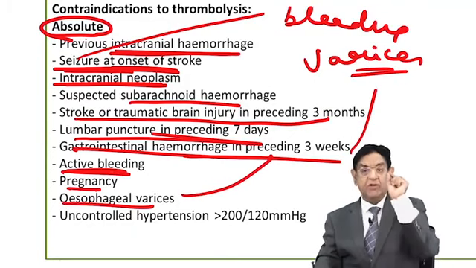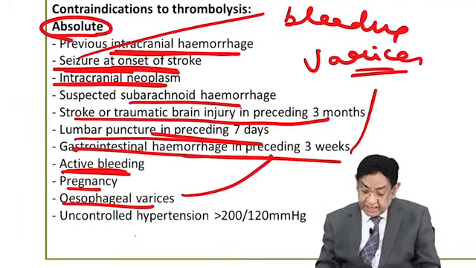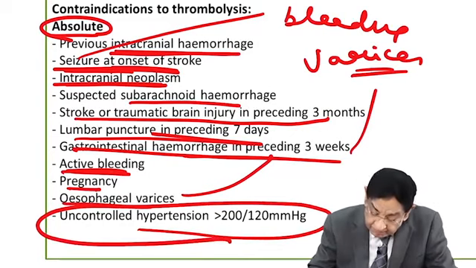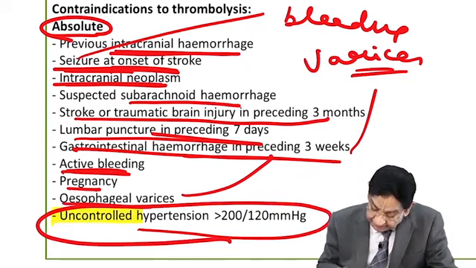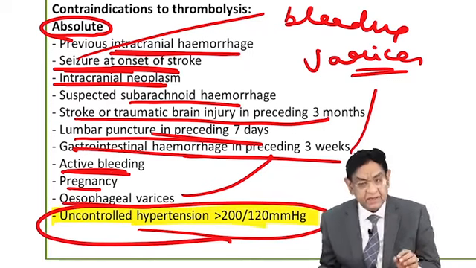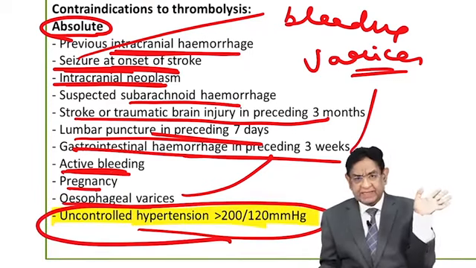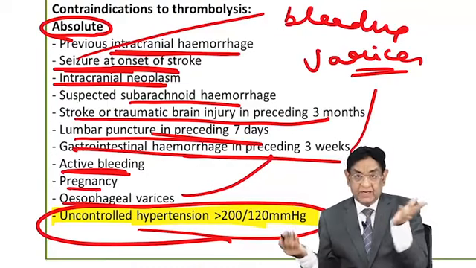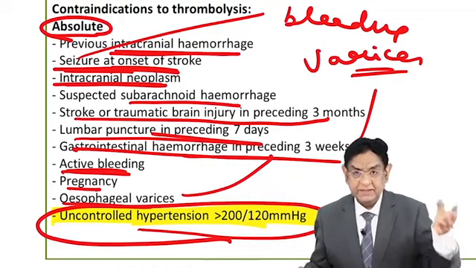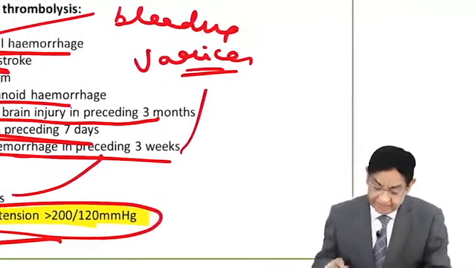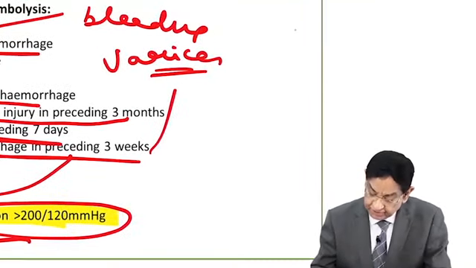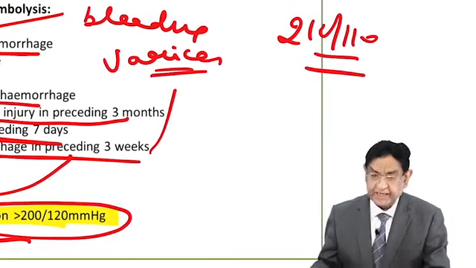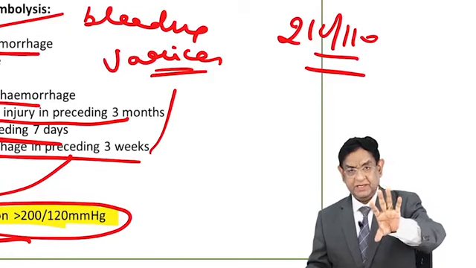And now comes the gold medal. Most important is uncontrolled hypertension. Point to be noted: he is not going to ask you anything else. This is the only thing he is going to ask you. Well, it is really confusing. In the previous slide, the patient had a BP of 210 by 110, and he said don't touch it in the acute phase.